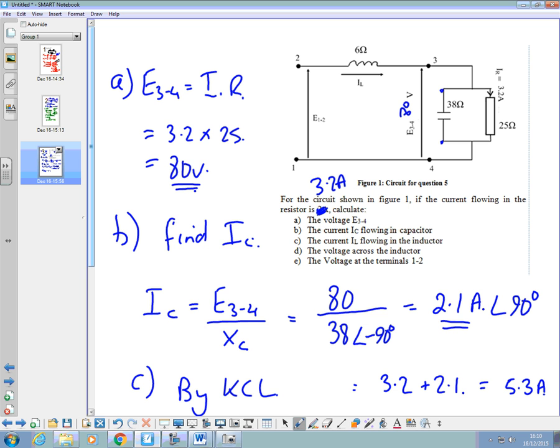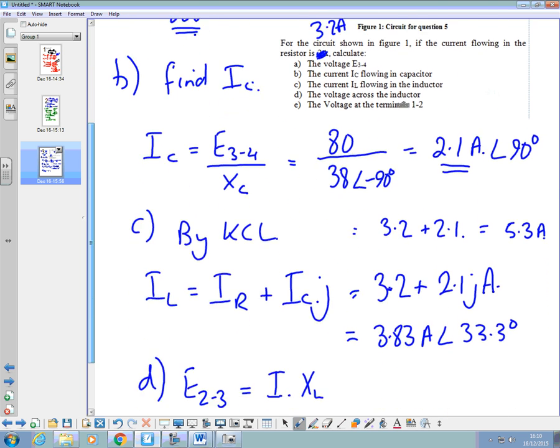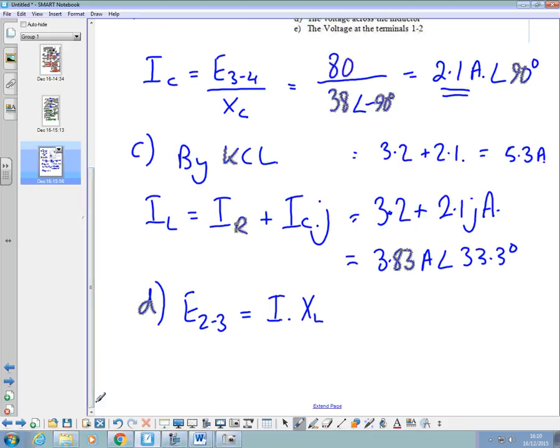Yeah, 5 times that angle again. So it's been reflected back. That's right.